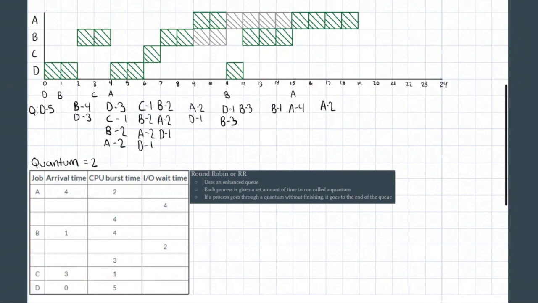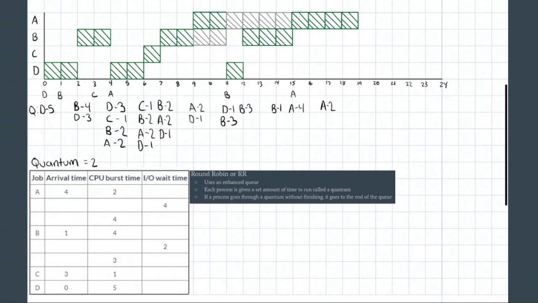Okay. So for A, you have 2, and the wait time is 4. But then that other 4 that's right before B's CPU burst time, that goes with A. Right. And the same type of thinking follows. B has its burst time and then the wait time. And then 3 is going to go for B's burst time. Right.